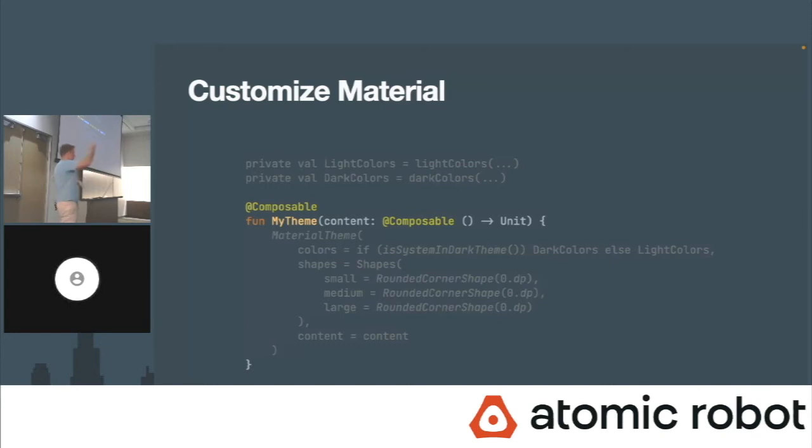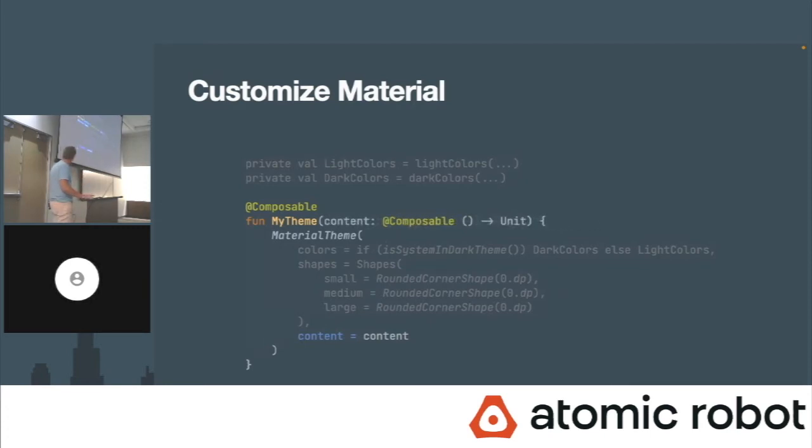This allows you to wrap whatever other composable stuff you want in your app. In this customization approach, all that does is wrap MaterialTheme. That content lambda, we simply pass down into MaterialTheme.